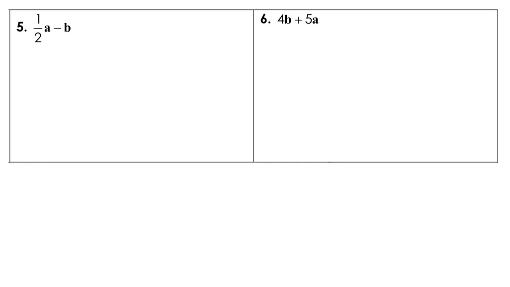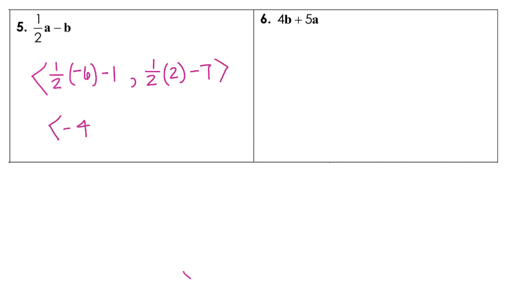So for number 5, we have 1/2 times vector a minus b. So we're going to have 1/2 times, and for vector a, we're going to have negative 6, then minus 1. And then we're going to have 1/2 times 2 minus 7. And so that resultant is going to be negative 4, comma, negative 6.